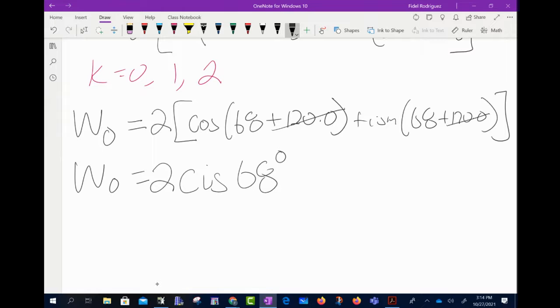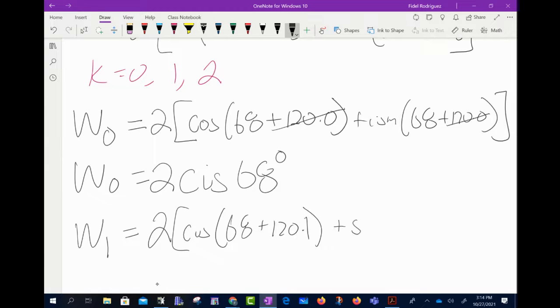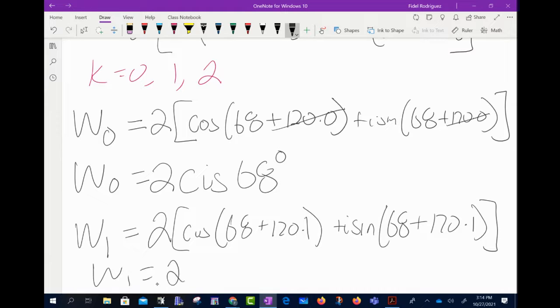Now we're going to do this when k equals 1. So when k equals 1, we're going to go 2 cosine of 68 plus 120 times 1, plus i sine 68 plus 120 times 1. 120 times 1 is still 120.